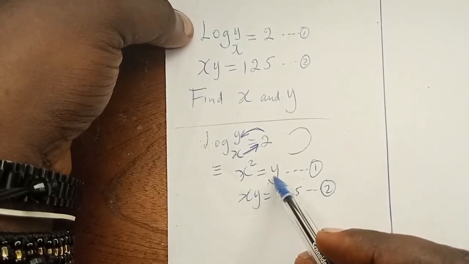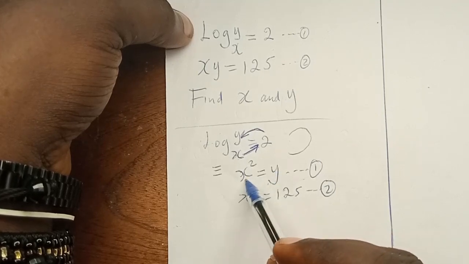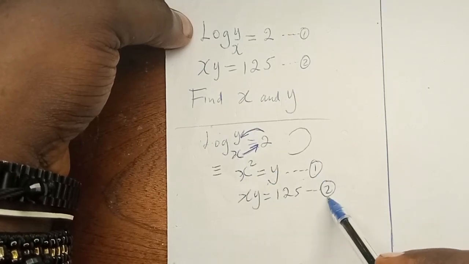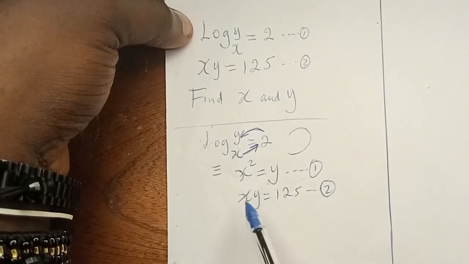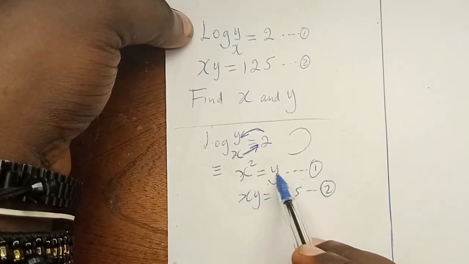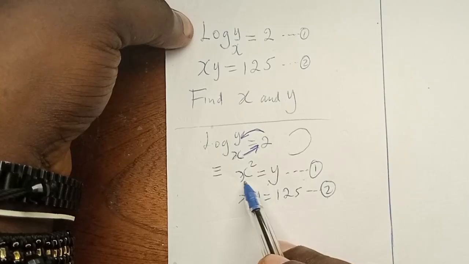Since we know that y is equal to x squared from equation 1, any place that we see y in equation 2, we'll replace it with x squared.